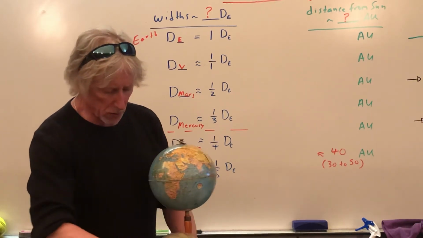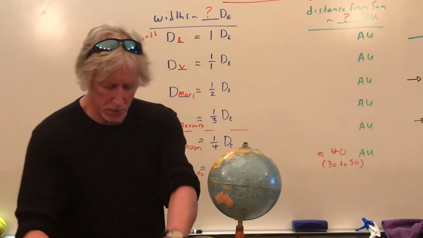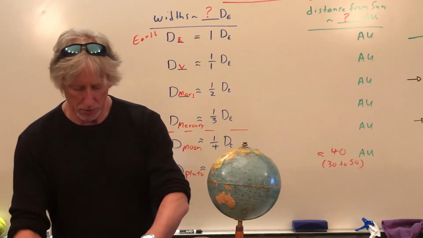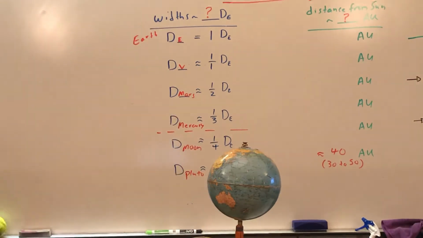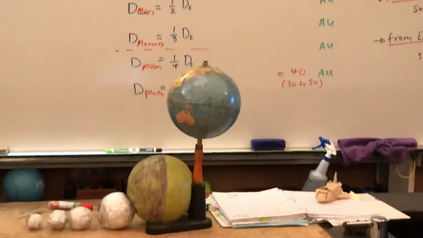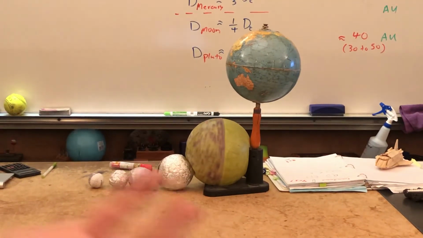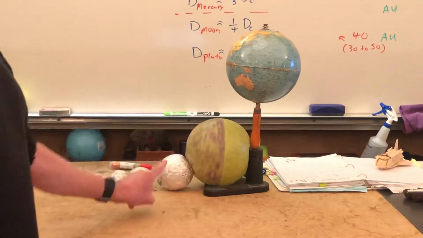So let's do it this way. Okay, let's do it like that. There they are. Pause and name them. Earth, Venus, Mars.